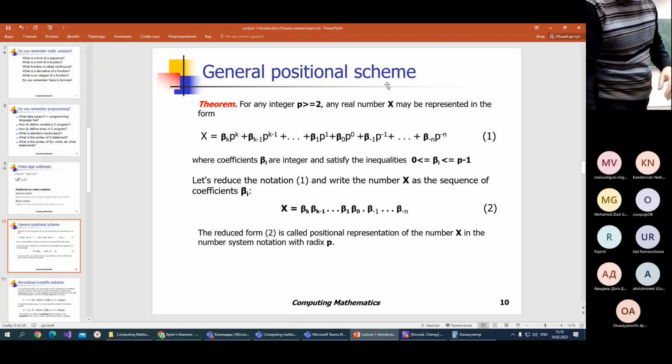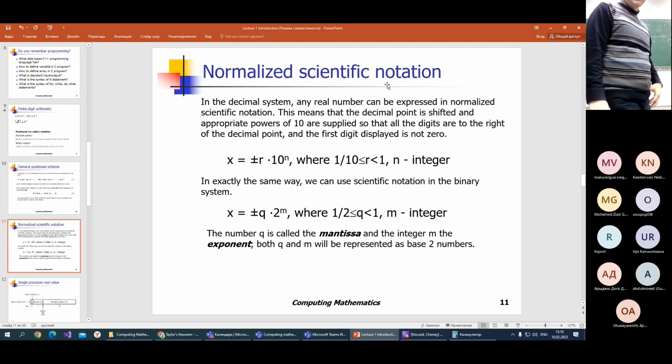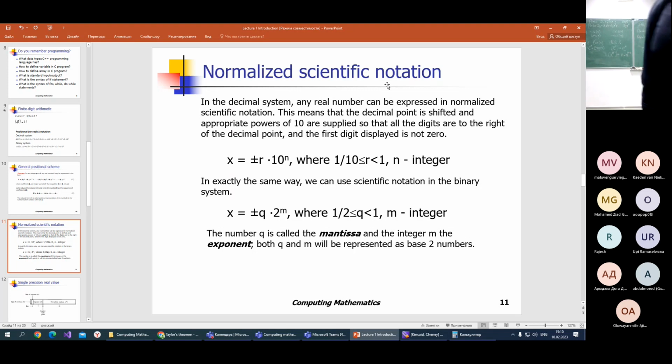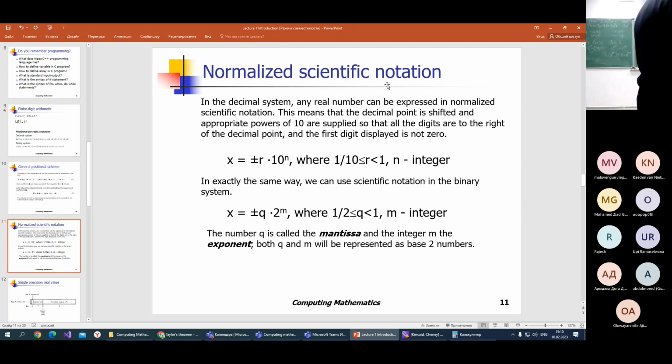So I skip this theorem about general position scheme, and I show you this slide that any number in computer is represented in so-called normalized scientific notation. Any number. I consider it in decimal system of notation because in binary the problems are more or less the same.